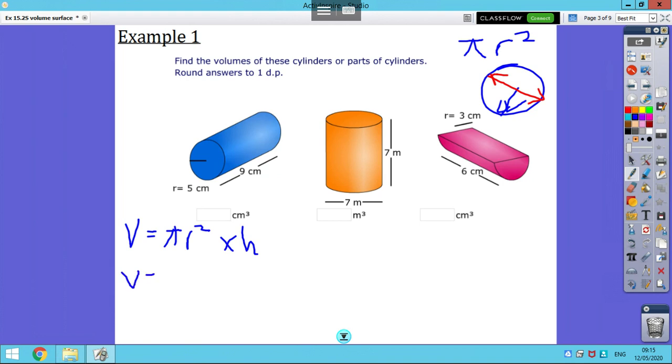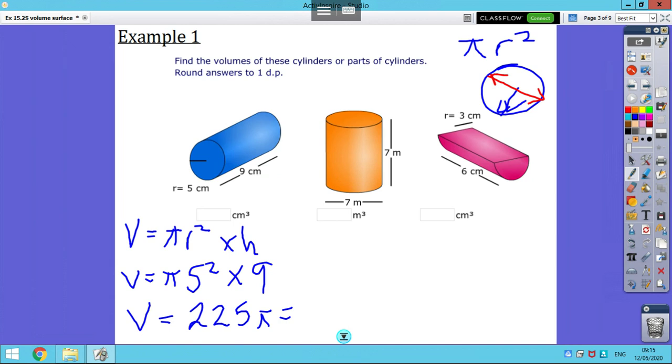And we can just substitute those values in. So V is going to be pi times 5 squared times 9. We can just type that into our calculator with times in between each of those. So pi times 5 squared multiplied by 9, and that gives me 225 pi, which if we wanted to, we could leave it in terms of pi if the question wanted us to.